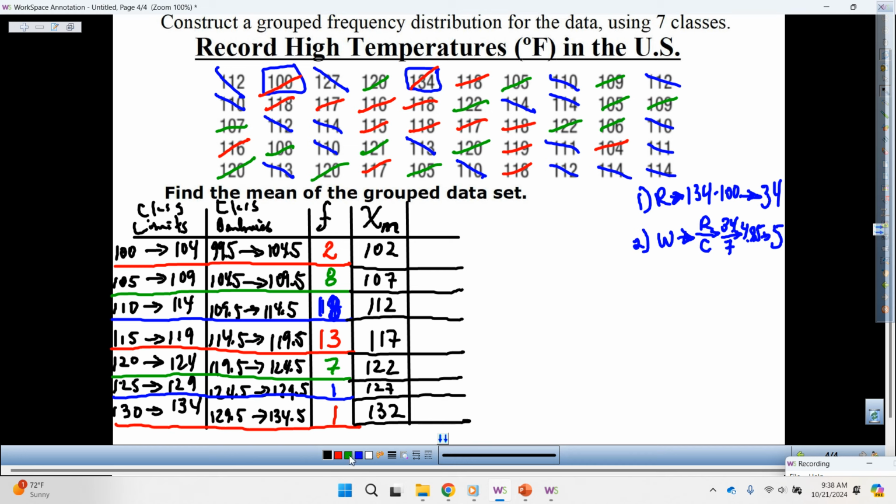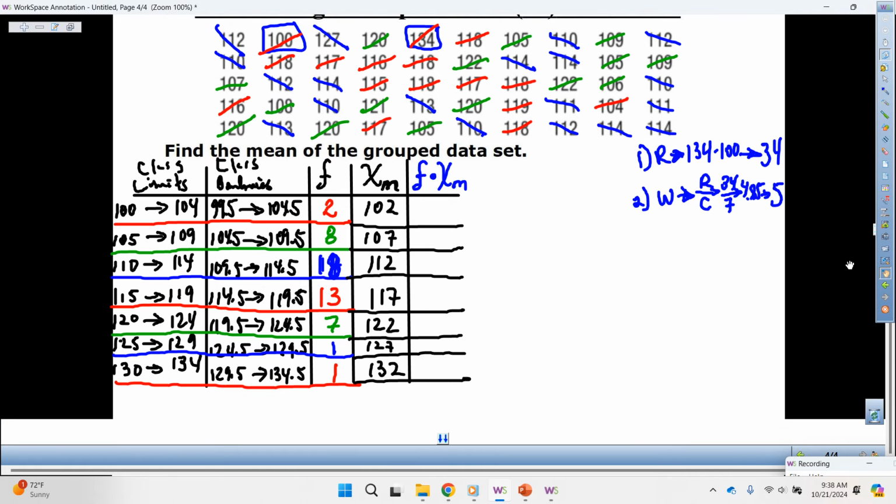Now this last column we do need, look up, and you're going to label it F times X of M. All right? So what does this mean?